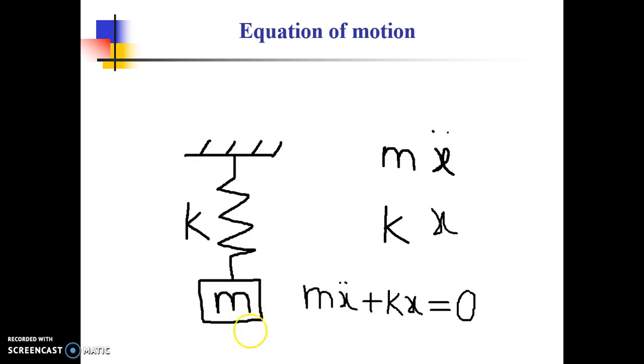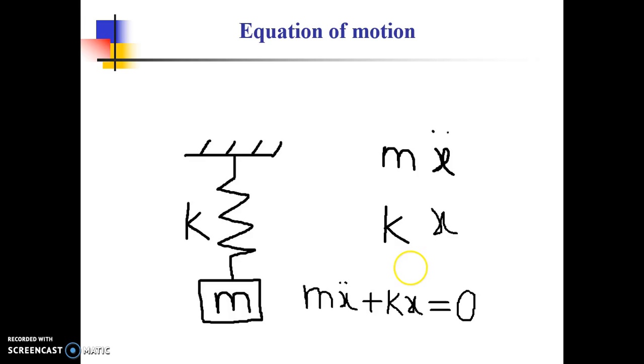Due to this mass, there will be an inertia force, mx double dot, that is mass into its acceleration, and the restoring force will be provided by the spring with its deflection along the linear direction, x. When we consider the equilibrium of forces, the resultant should be equal to 0.